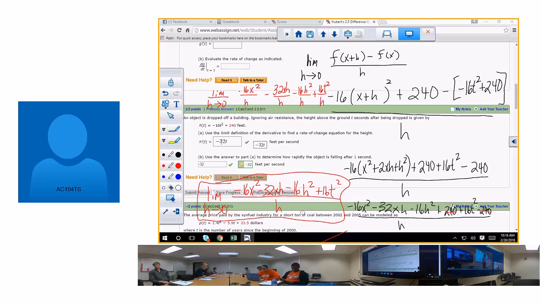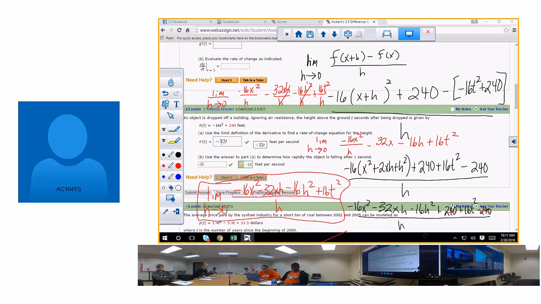And of course that goes out, and leaves the h to the first power, and you have the limit as h goes to 0 of negative 16x squared over h minus 32x minus 16h plus 16t squared.